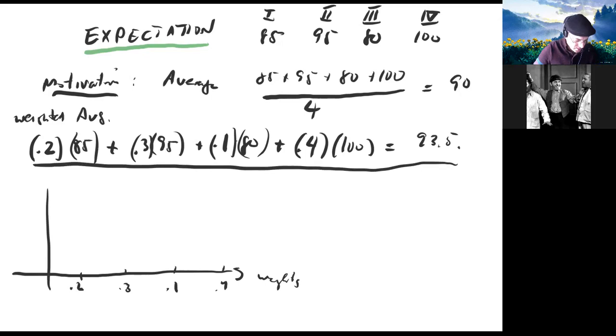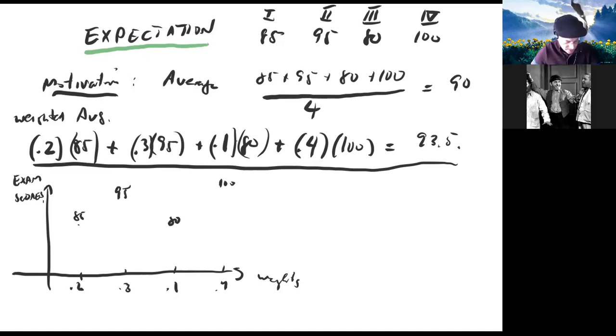And then you plot the exam scores: according to the weight of 0.2, you would have an 85, then a 95, an 80, and 100.